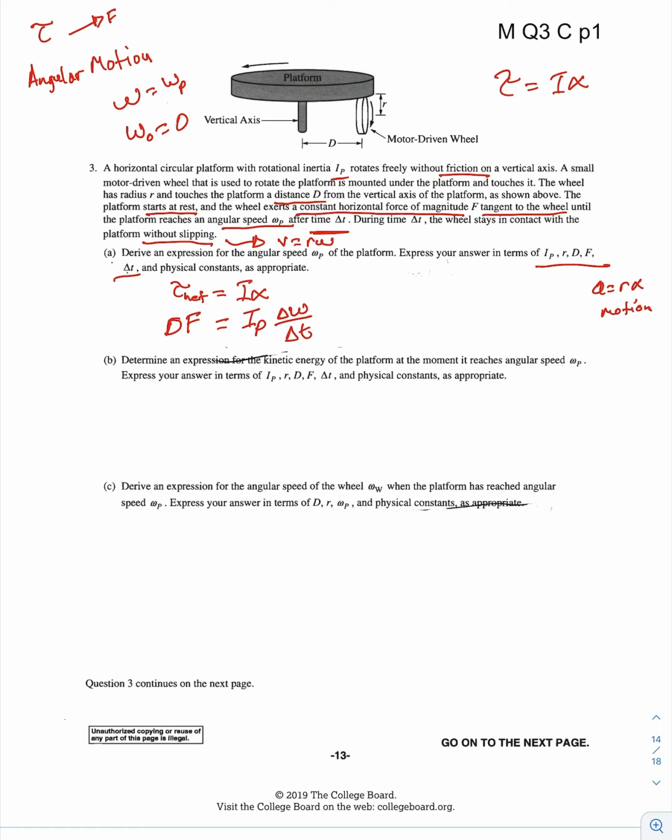And delta omega would be just omega P minus omega 0, where omega 0 is 0, so we're good to go. So this becomes DF equals IP omega P over delta t. And then we rearrange. My kids found something kind of weird. They gave you R, saying you should write it in R, right? They're trying to trick you.